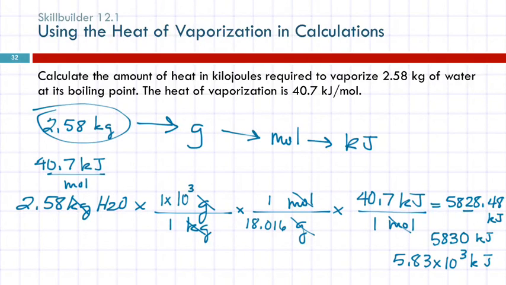Any questions? Yes? Will this be a common pathway for heat of vaporization? Well, sometimes it's kilograms. It could be milligrams. They might just give you moles. So there's all these different variations. But this is a fairly common path.